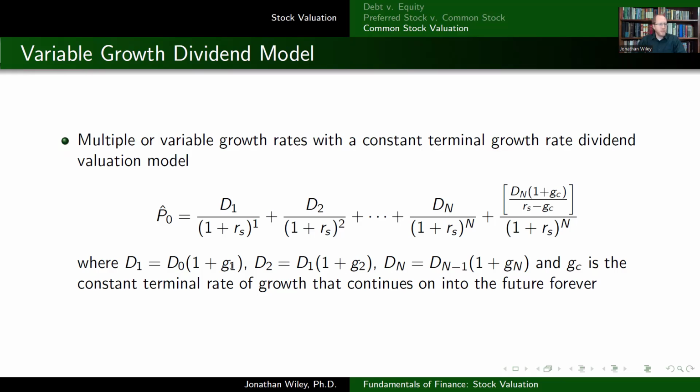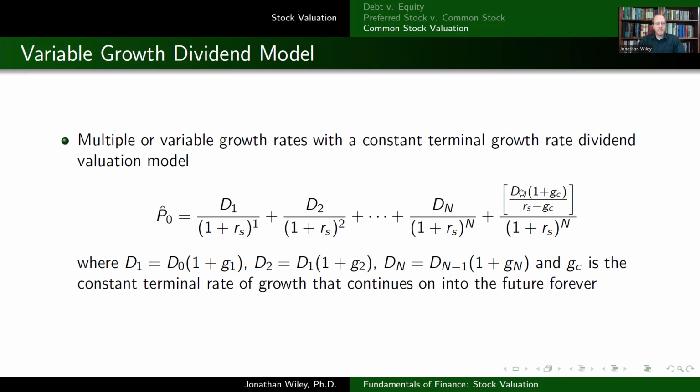So D0 times 1 plus 0.2 to get to D1, D1 times 1 plus 0.2 to get to D2, and so on. And so I would find those and plug those in, and I would get to Dn, whatever that number is, over 1 plus RS to the n, which would be 4 in this example. Then, if it's going to grow at 5% thereafter, I'd take that Dn times 1 plus 0.05.